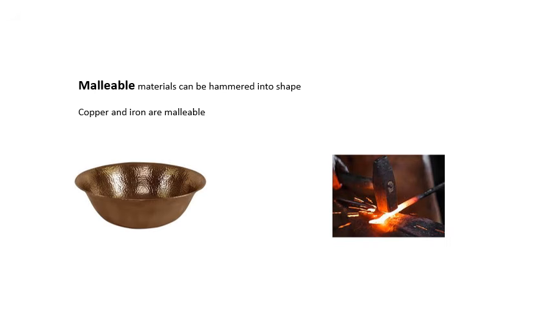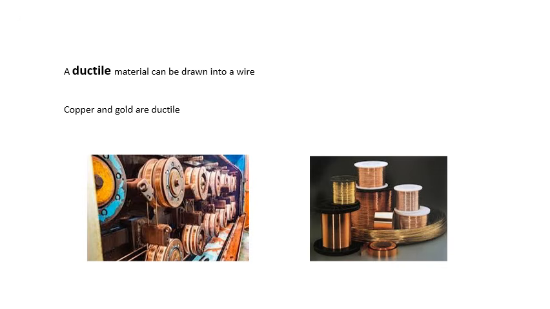Malleable means it can be hammered into shape. For example, copper and iron are malleable. Another name for a hammer is a mallet, so malleable materials can be hammered into shape. Ductile has a very specific meaning. Ductile materials can be drawn into a wire.